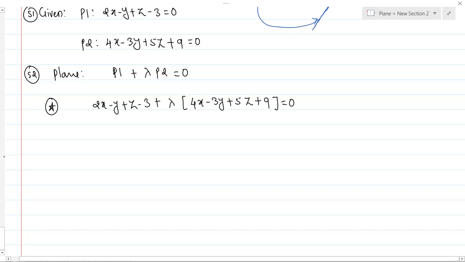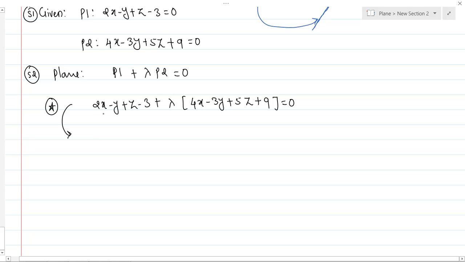Okay, directly we cannot get the direction ratio of the plane, but one thing we can get is the direction ratio of the normal to the plane. If you don't understand, don't worry. See here, what you do next is take the coefficients of x, y, z common.